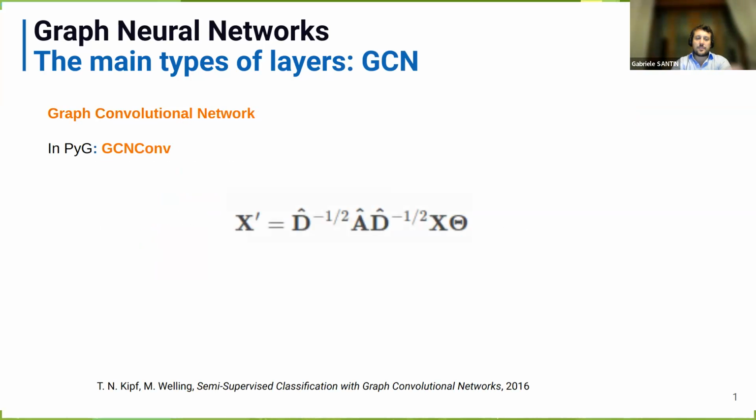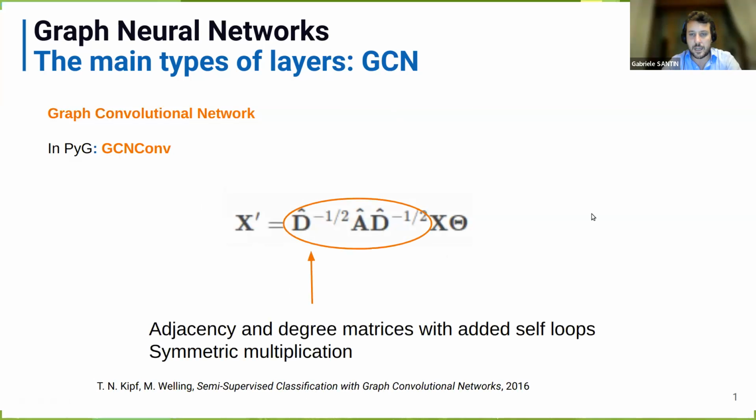Okay, so let's start. The first one is the graph convolutional network, also called GCN. For every layer, I also provide the paper that introduced them. In PyTorch Geometric it is called GCNConv, and this is very similar to what I showed you before. It is obtained as before, but instead of multiplying by the inverse degree matrix, the layer is obtained by multiplying symmetrically by the square root of the degree matrix.